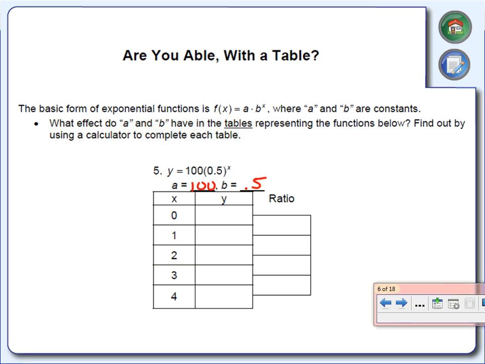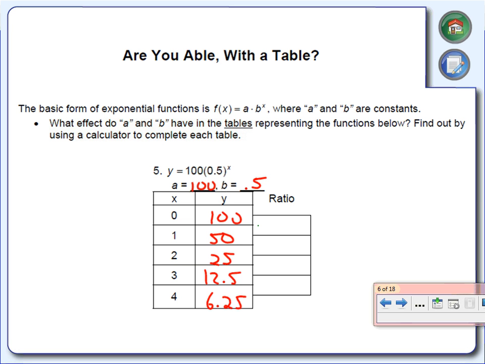What are we going to see next to 0? Put that in your calculator. Everybody got it? What are we saying? 100. The next numbers you see are 50, 25, 12.5, and 6.25.